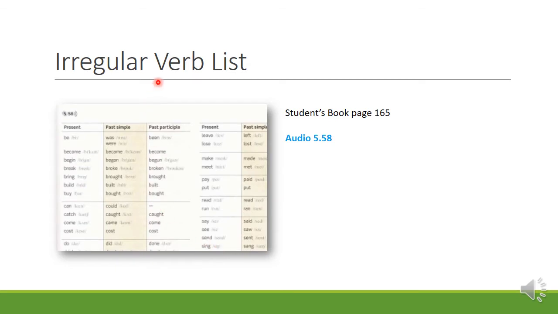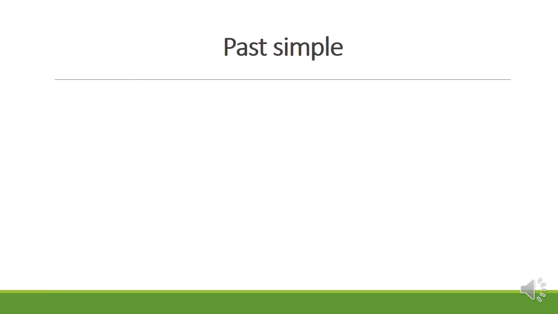Irregular verbs. You have a list of irregular verbs in your student book on page 165. You also have an audio to listen and repeat the pronunciation of these irregular verbs. So, past simple.